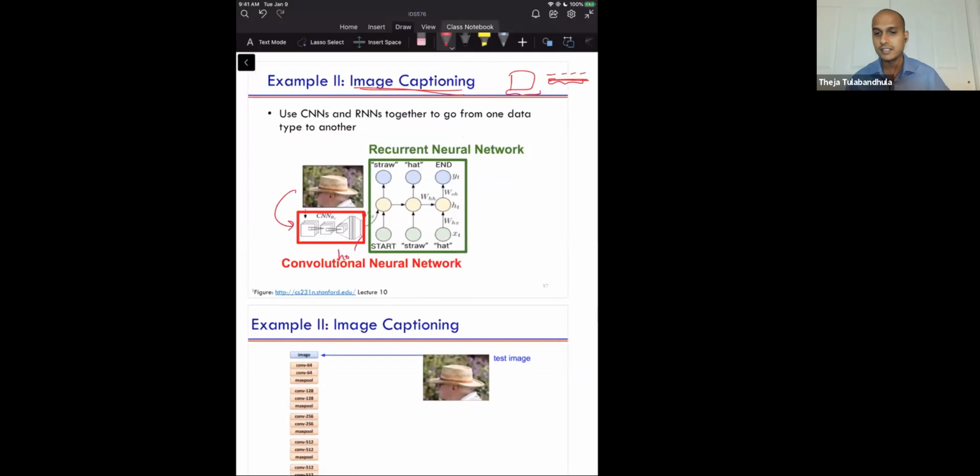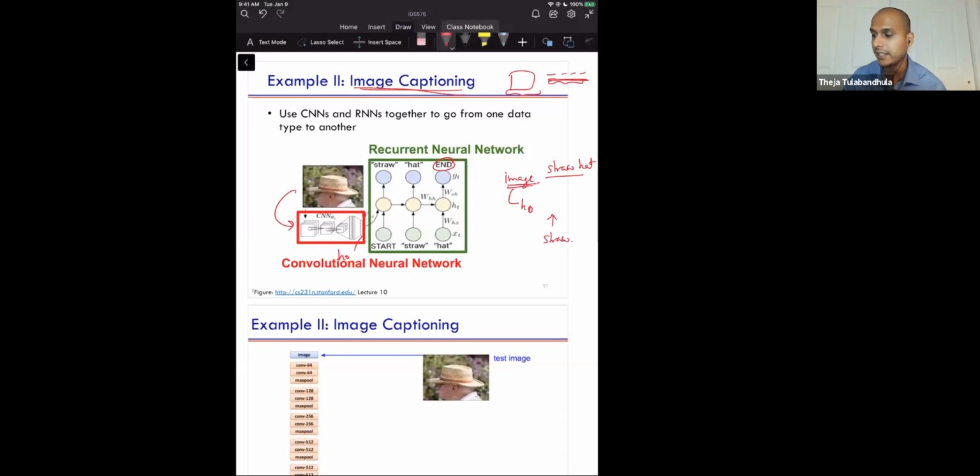Instead of setting zeros, right? Recall this problem: our training example is an image and a sequence of words like straw hat. And end is just a token to say that you don't have to continue. So straw hat end. Given the image, you use that as h0, and then your current input is going to be start.